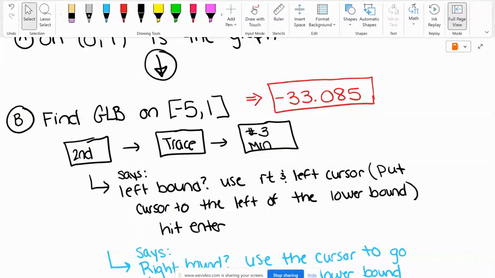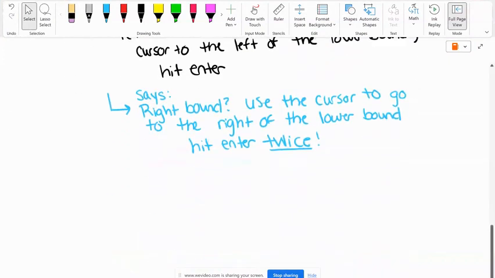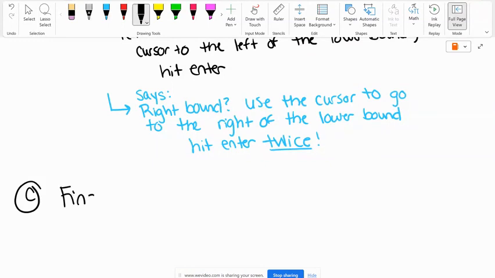Okay, so now the next question, I had asked for you to find the least upper bound, so the upper bound on the interval of -2 to 1.